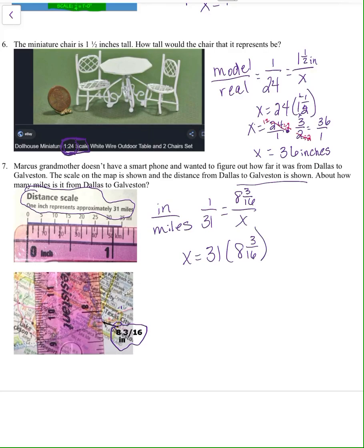Now that doesn't look like fun at all, does it? But that doesn't mean that we can't do it. It just means the numbers are going to be yucky, and that's okay. So it's 128 plus 3, which is 131. So x equals 31 over 1 times 131 over 16.